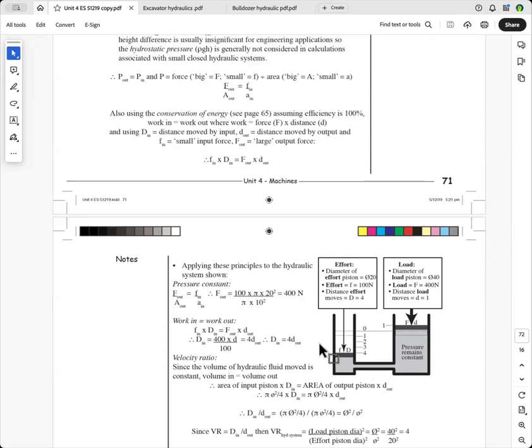So let's work out what the force out here will be given all of this information. The pressure is constant, so therefore big F out over big A out, that's this side here, is equal to the small force in over the small area in. So here we have the small force and the small area.